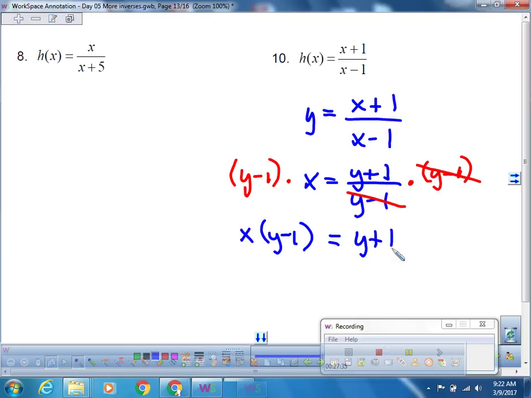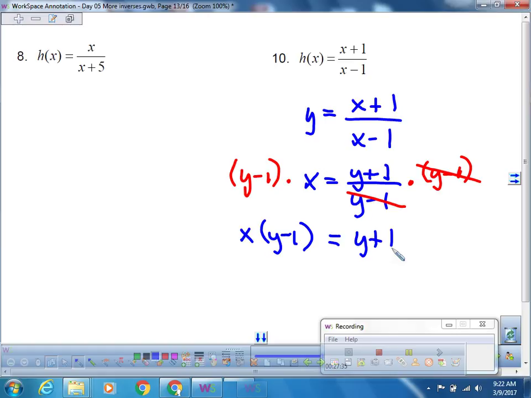How am I going to get y all by itself? Divide by 1? I still have a y on this side. How can you just change a sign?